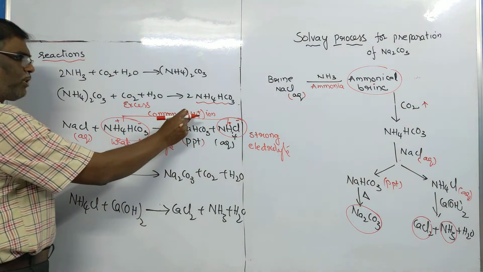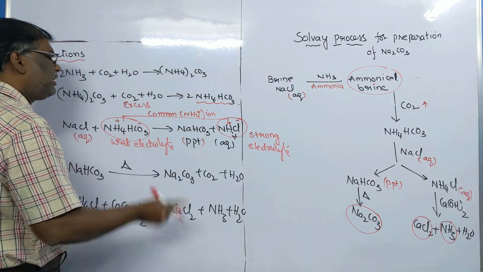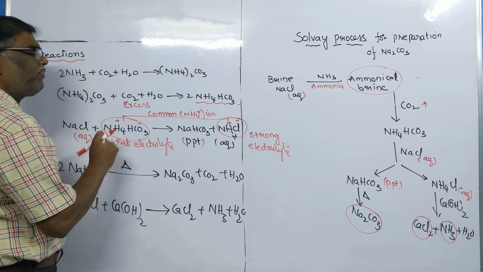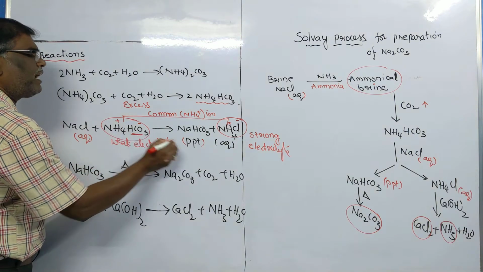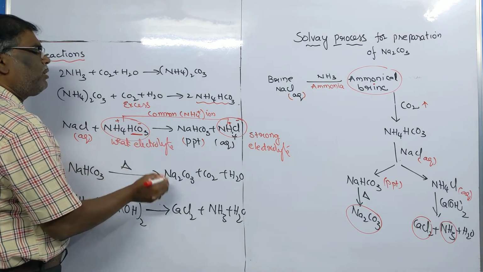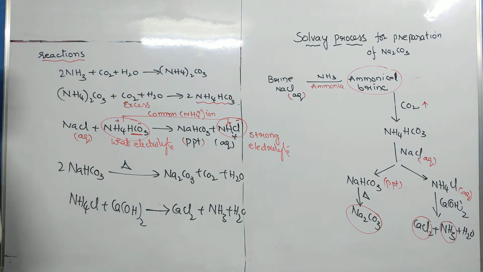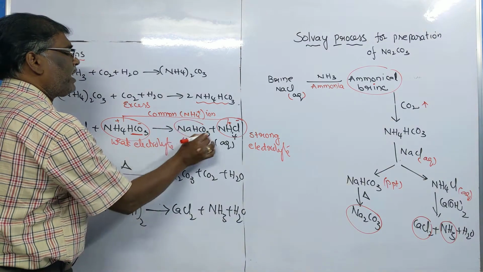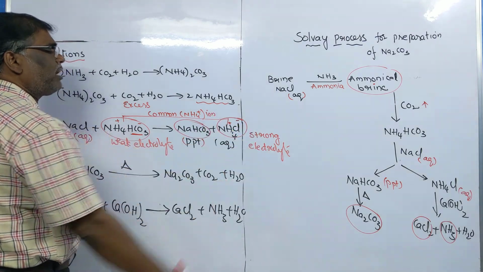So because of the common ion effect, the strong electrolyte decreases the solubility of the weak electrolyte. That's why bicarbonate remains insoluble. Thus it is left as a solid, whereas the strong electrolyte gets dissolved.